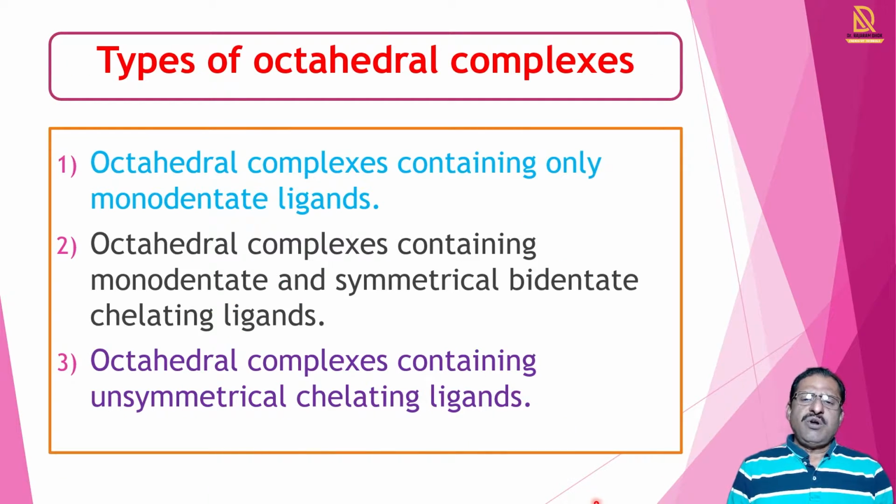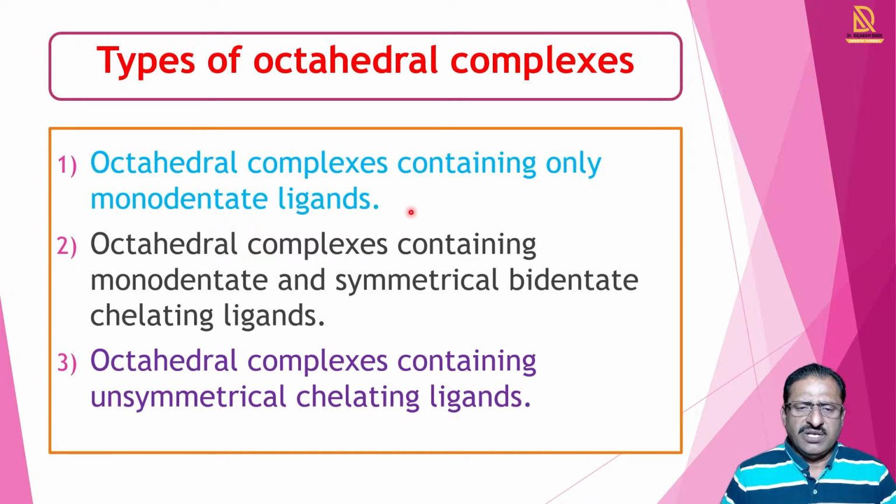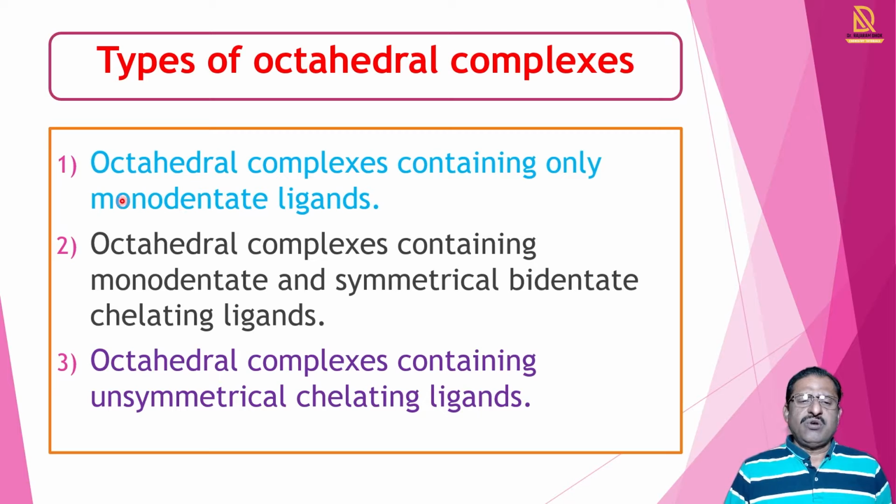In octahedral complexes, when metal and ligand are attached, there are 3 types of complexes. The first type is octahedral complexes containing only monodentate ligands, where the central metal is attached only by monodentate ligands.